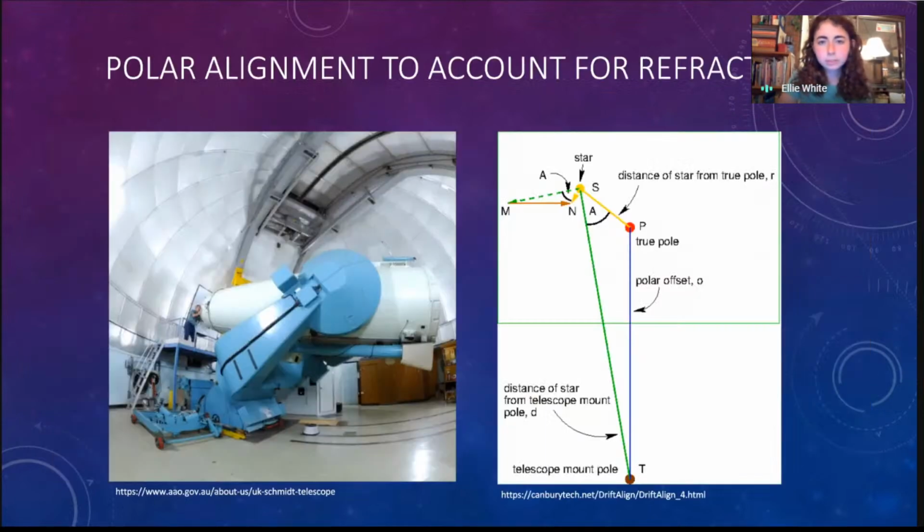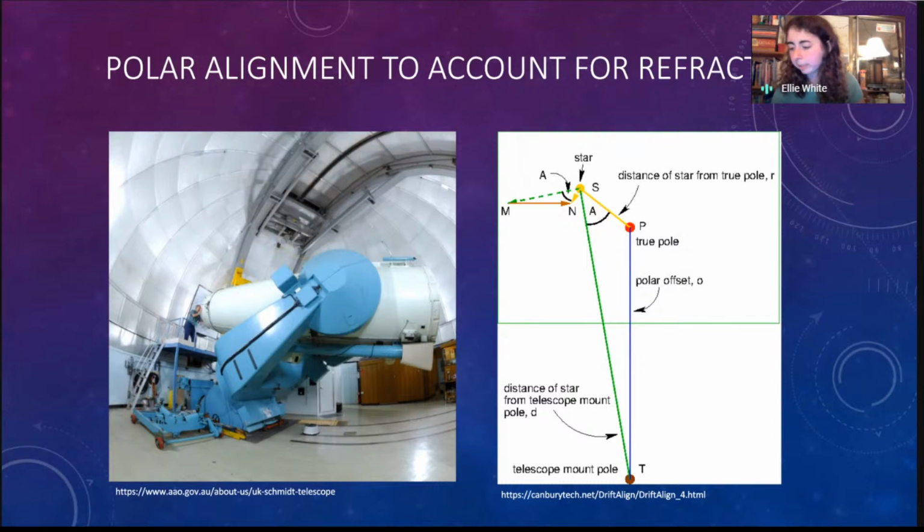In addition, how do we correct our polar alignment to account for refraction? As an equatorial mount tracks a field, because the amount and orientation of the vertical squash due to differential refraction is changing, stars in different parts of the field will trail by different amounts.